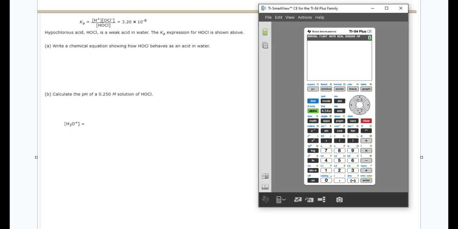So let me put my calculator up, and I'm going to take the negative log of the Ka value, our 3.2, and of course raise it to that -8 value. That'll give us the pKa, about 7.49. That sort of makes sense. With a 10 to the -8, you'd expect a p value in the area of a little bit more than 7, and that's what we've got.